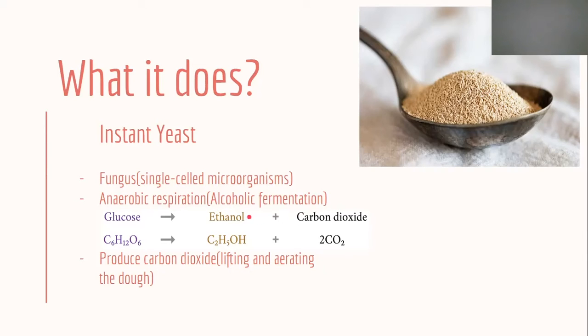So this process can produce ethanol and carbon dioxide. And this carbon dioxide can be held by the gluten network. So the volume of the dough would be increased, and then it would enhance the texture of the dough.